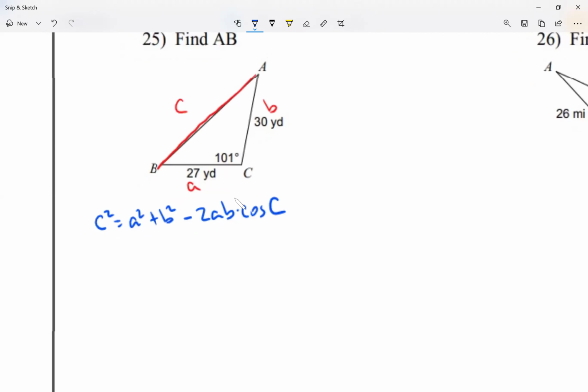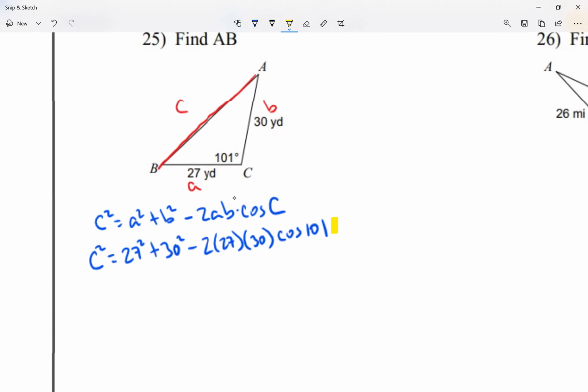Seems pretty long. Good thing I have a calculator. Good thing I give you guys a calculator in Canvas. I don't know what side C is, so I'm still going to call it C squared. But instead of A squared, let me call this 27 squared plus 30 squared minus 2 times 27 times 30 times cosine of 101.